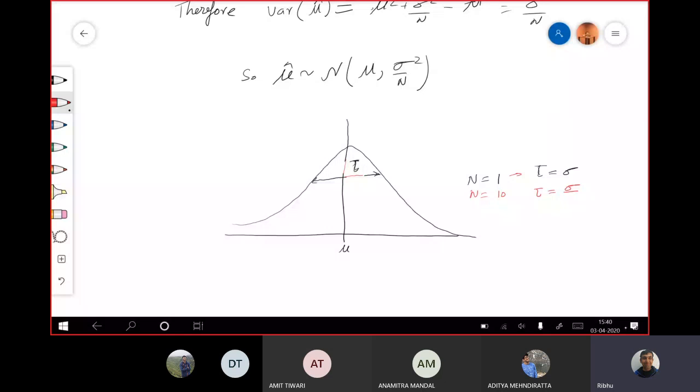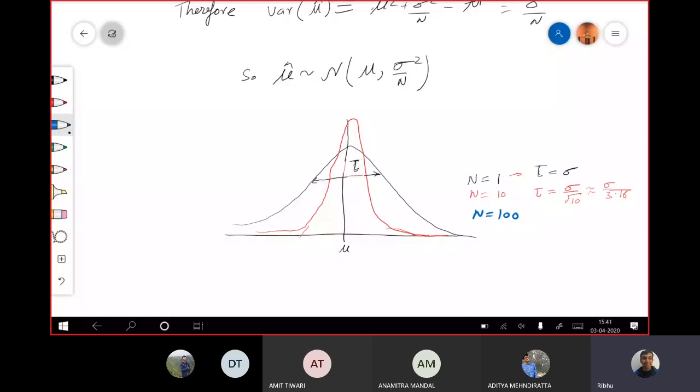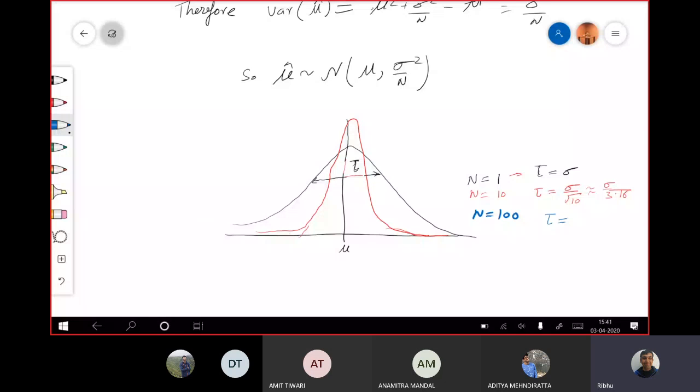Then n equals 100. Tau equals sigma by 10. So essentially get something thinner. Okay, I made this big huge blue mistake. So let me correct this.